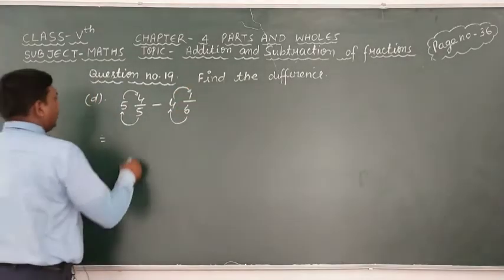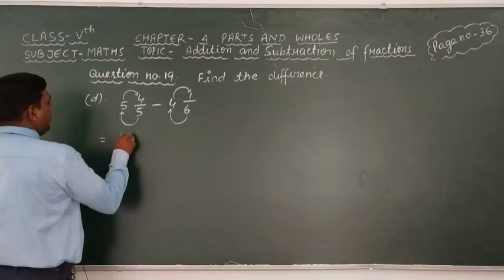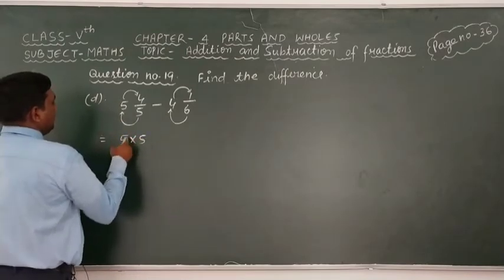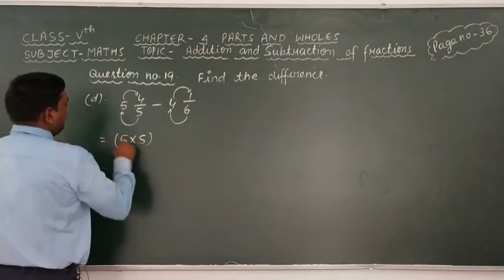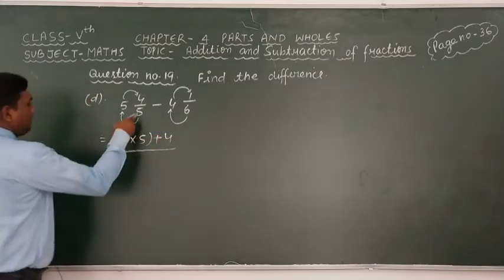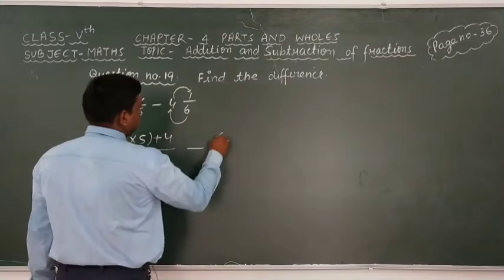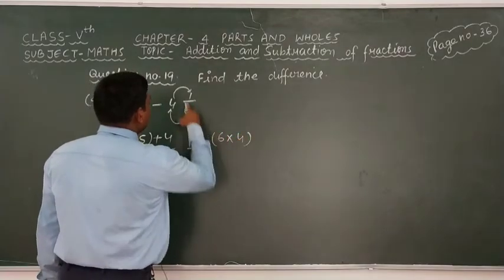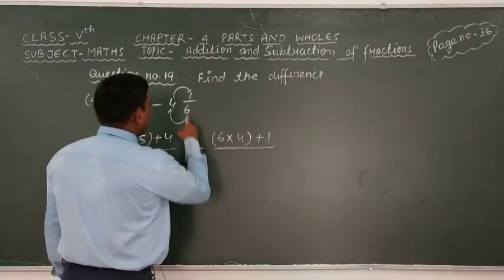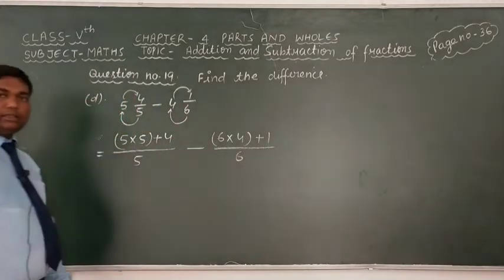Okay, students, look at here carefully. 5 into 5 plus 4 total over 5 minus 6 into 4 plus 1 total over 6.